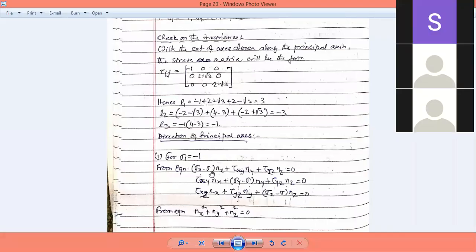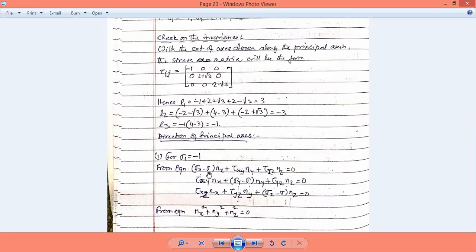So the Cauchy's equation will be modified as sigma x minus sigma y, and tau xy, tau zx, and tau yz are all available in our original form because they are not principal axes themselves.